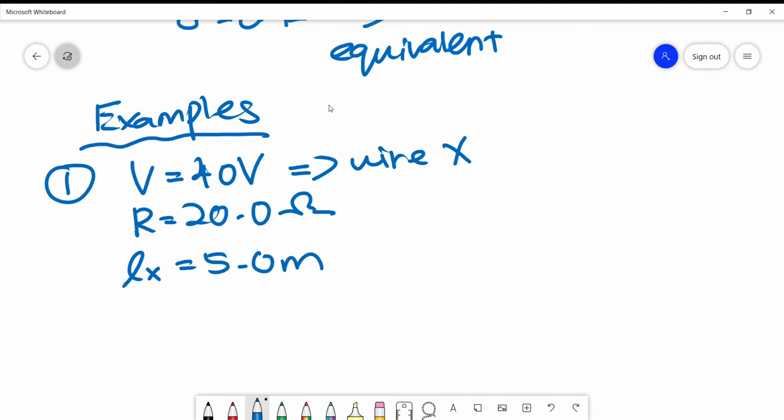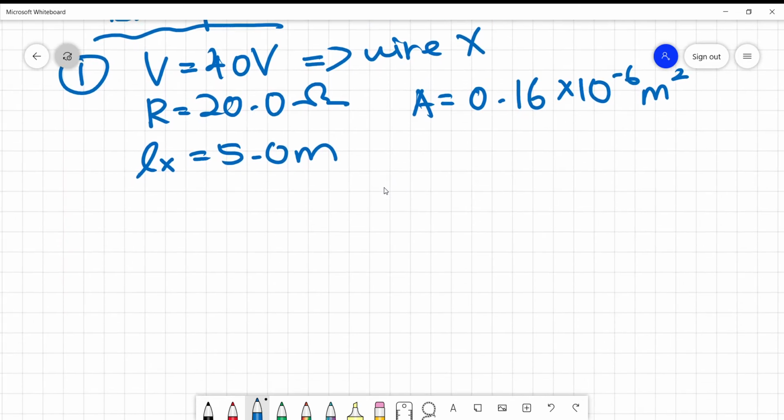The cross-sectional area is 0.16 times 10 to the power of -6 meter square. So this is the information given by the question.